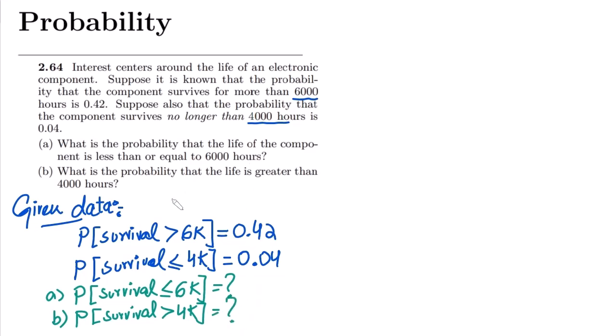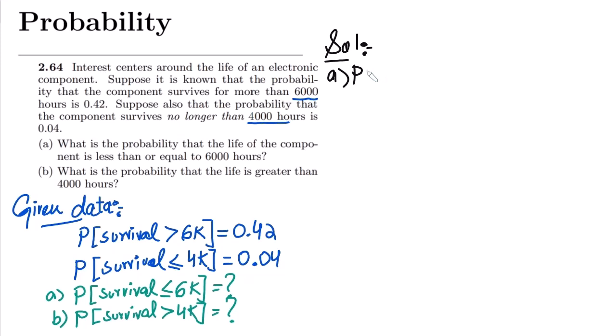So now, in order to solve the question, this is the solution. In part A, I know that the overall probability of the component's survival and its failure is equal to 1. That is the fundamental rule of probability.